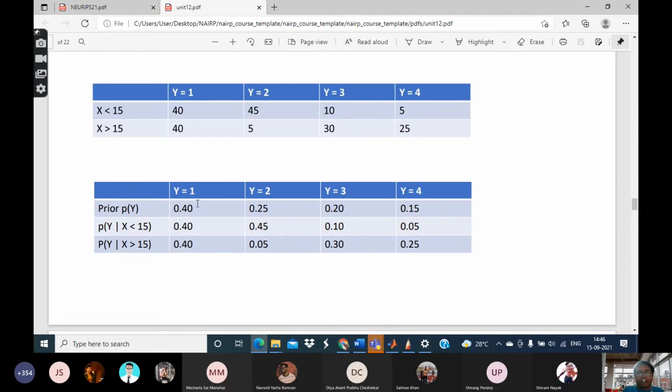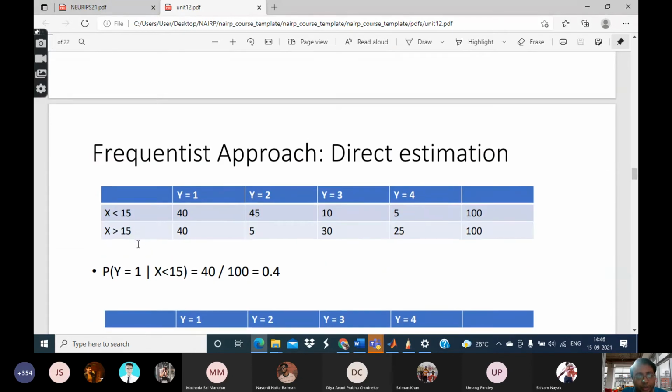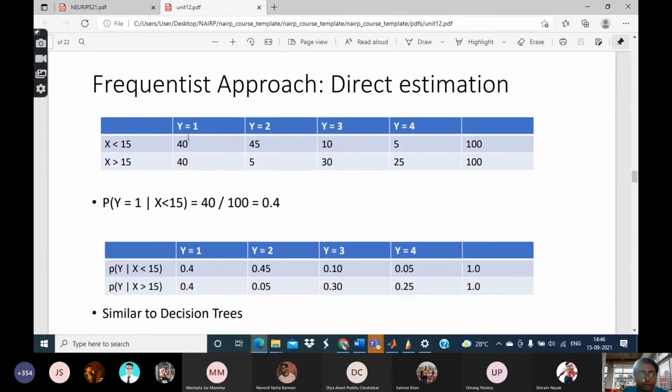That's because for y equal to 1, x less than 15 and x greater than 15 are equally likely. Why so? Because of this. The y equal to 1 examples are equally divided into x less than 15 or x greater than 15. So whether x is less than 15 or x is greater than 15, that does not give you any new information about whether y is equal to 1.